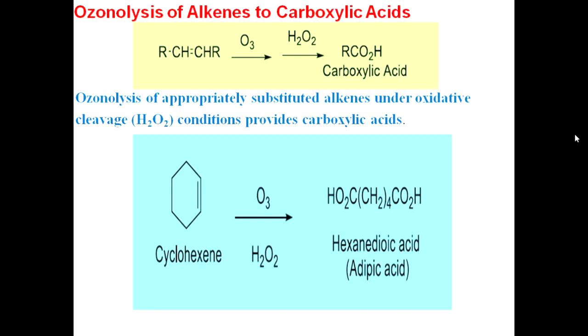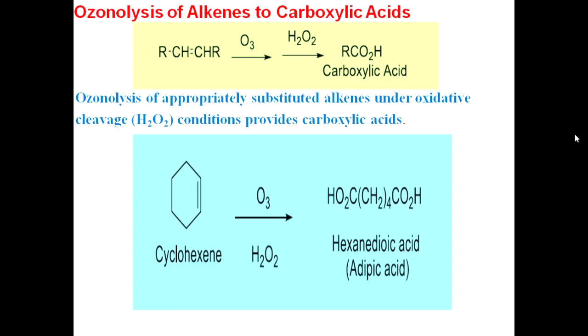Now, another method for the synthesis of carboxylic acid is the reaction of alkene with ozone followed by oxidation with hydrogen peroxide. This is called ozonolysis of alkene. So carboxylic acid can be prepared from the alkene via the ozonolysis method. In this ozonolysis, the alkene will undergo oxidative cleavage via the use of hydrogen peroxide, which is the oxidizing agent, and then the corresponding carboxylic acid will be formed.